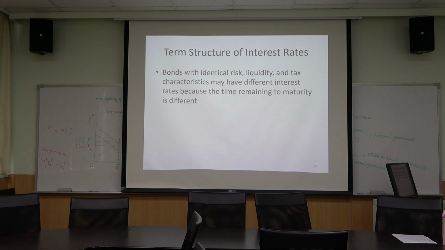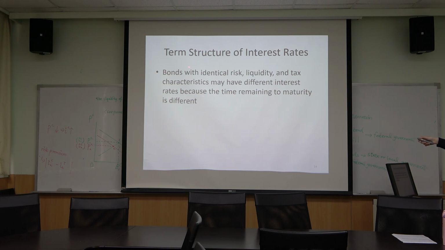Then let me pick up the second topic of this chapter, term structure of interest rates. In the first part, we talked about bonds with the same maturities. They have different interest rates due to default risk, liquidity, and tax considerations. The second part of this chapter assumes differently.